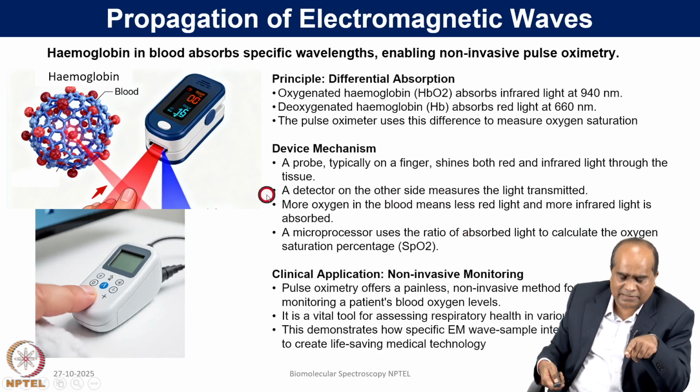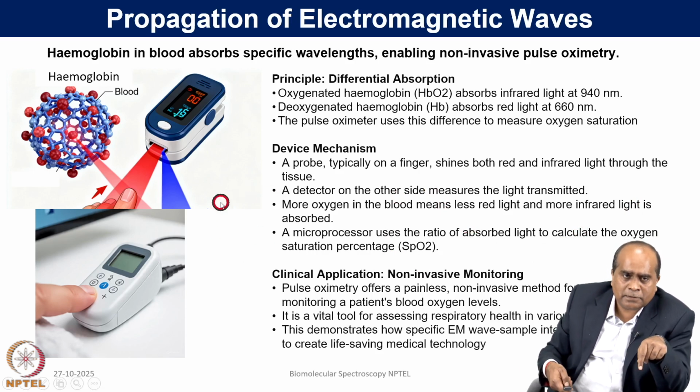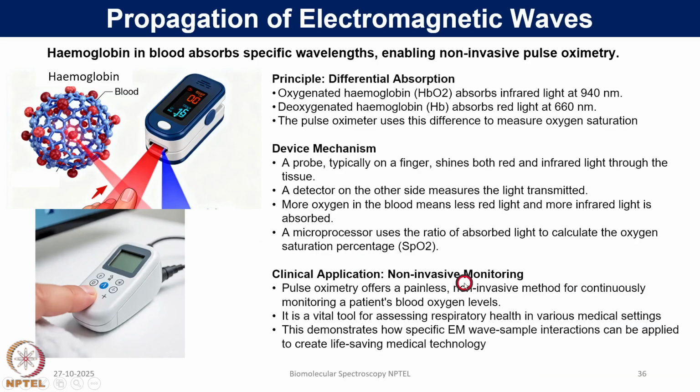It was non-invasive. You just put a finger here, without taking anything, and it was measuring your oxygenated level. So, the pulse oximeter offers a painless, non-invasive method for continuous monitoring of a patient's blood oxygen level. It is a critical parameter, because oxygen is very critical for anybody's survival, and if it goes down, one has to be put on oxygen.